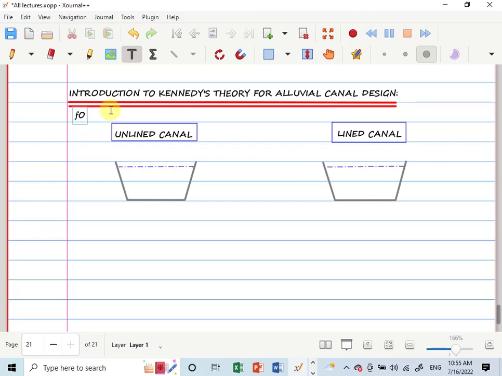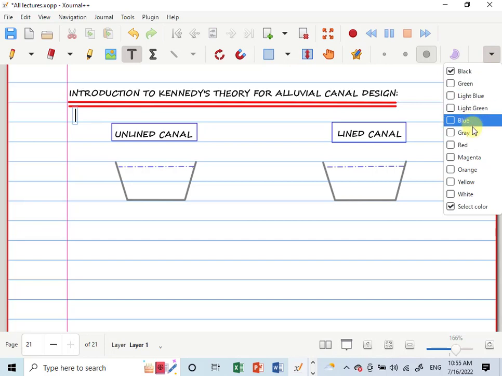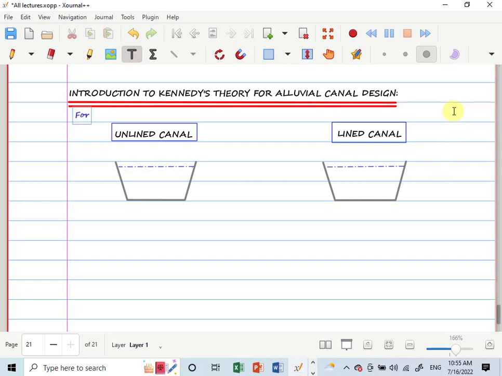So for the purpose of designing, we divide canals into 2 main types.